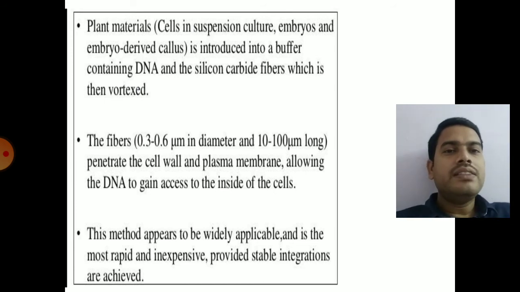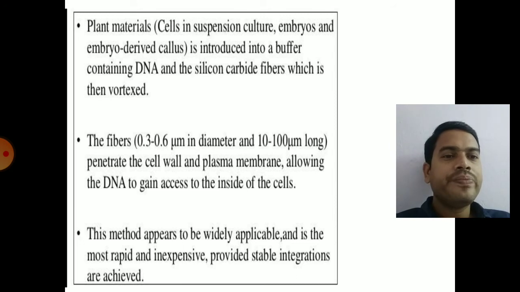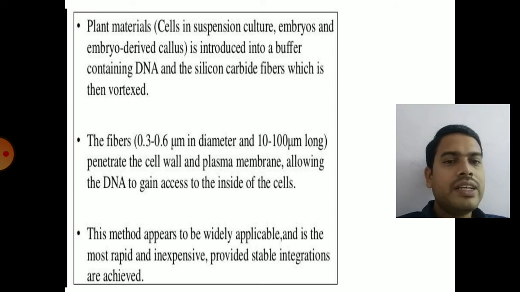Plant materials like callus and embryos are used for silicon carbide mediated gene transfer, where they are incubated with silicon carbide along with your foreign DNA and then vortexed such that your foreign DNA will enter into the callus, embryo derived callus, or cell suspension cultures. Then what will be the whisker size and diameter?